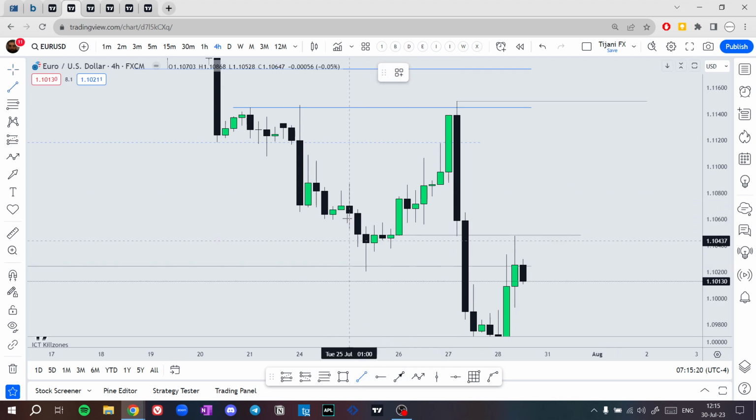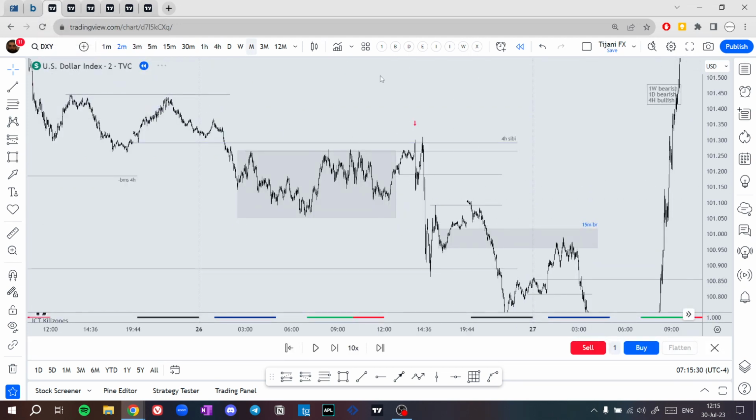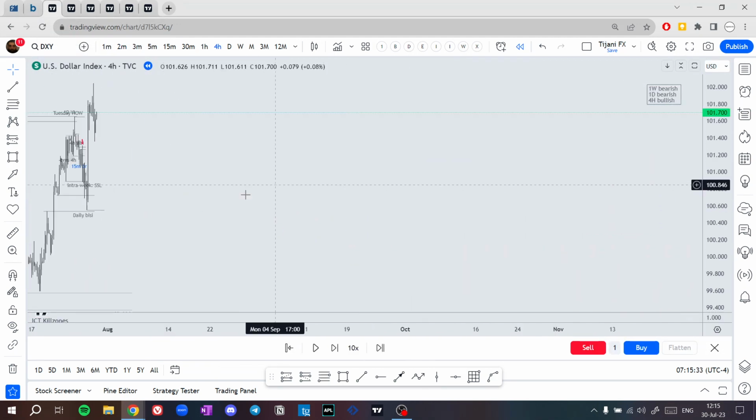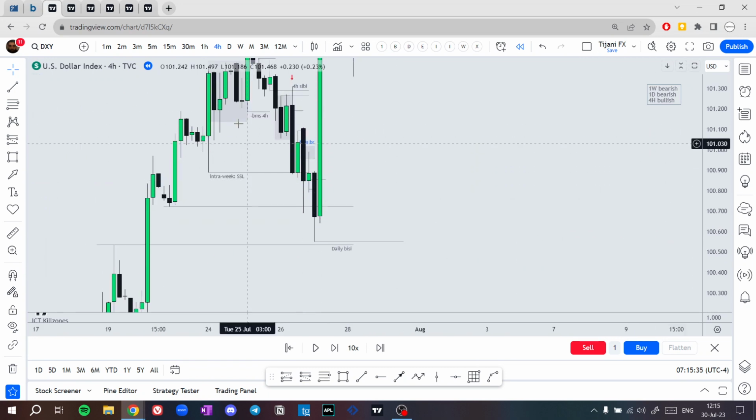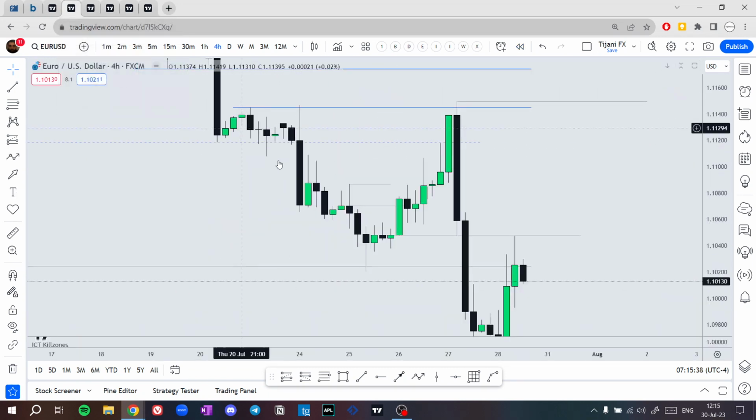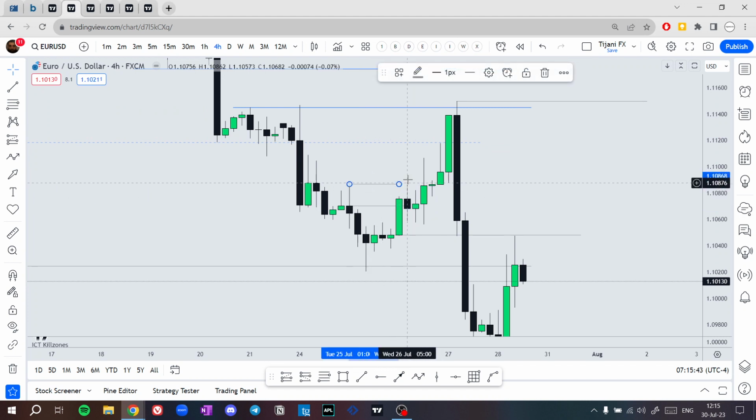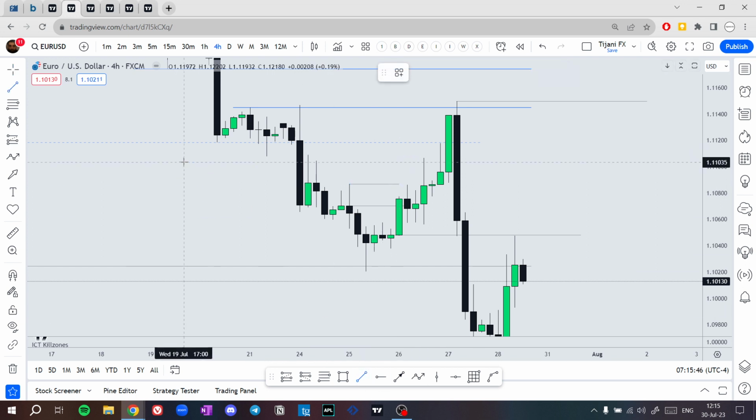We see that price has closed above this candle's high here. During that time, we see that the daily time frame for the dollar has broken market structure here, this 4 hour low, confirming the bearishness, but the EURUSD didn't break market structure high, even though it is a confirmation, because we frame our ideas based on the dollar, how the dollar is going.